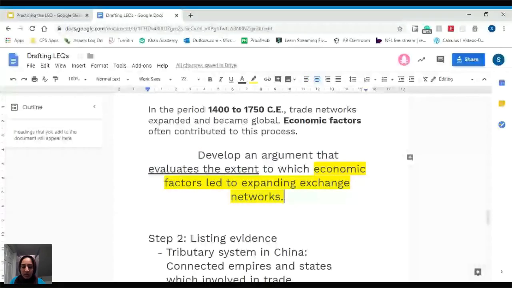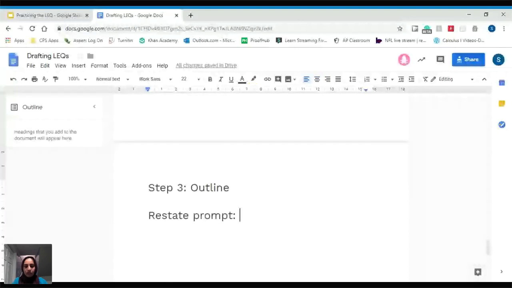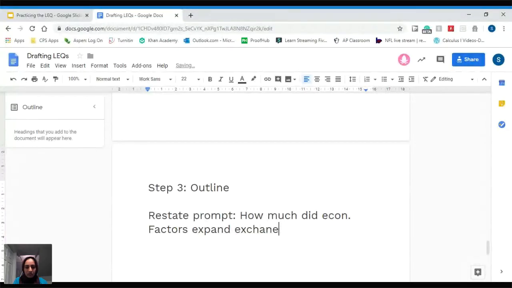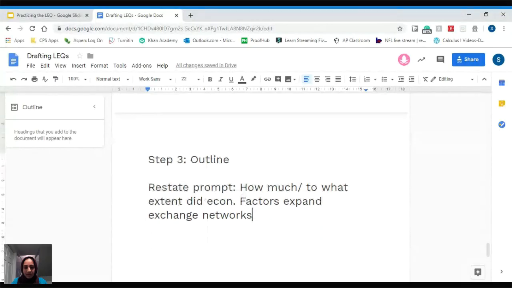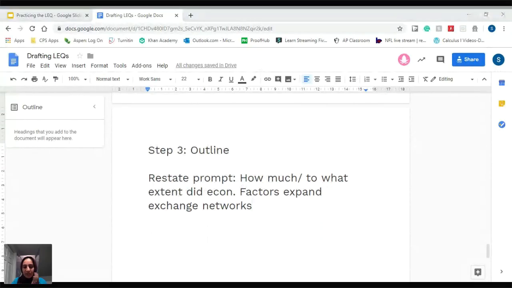So we could start off with how much, or to what extent? To what extent? That's just how I restate it.